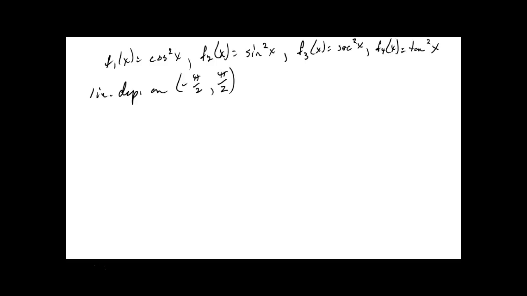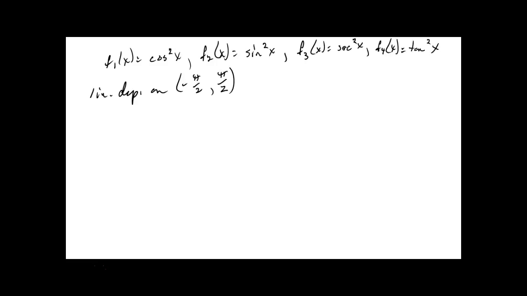Now, how can you show that they are linearly dependent? Well, just the fact that they're squared trig functions. What pops into your mind right there? How about Pythagorean identities?